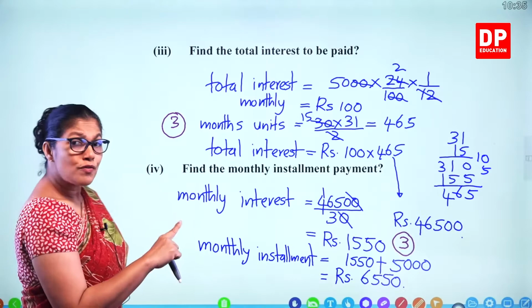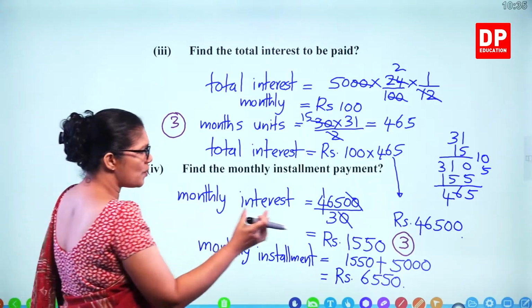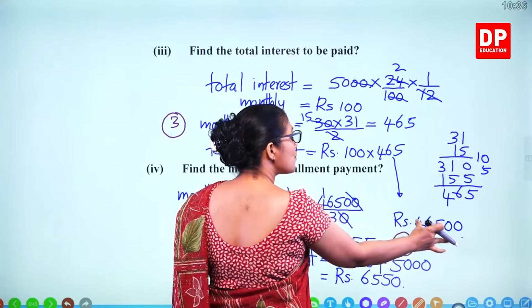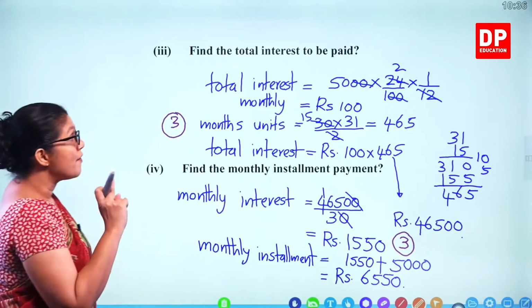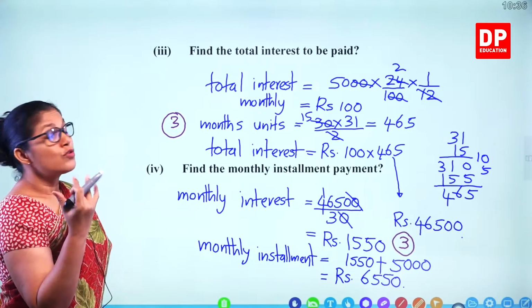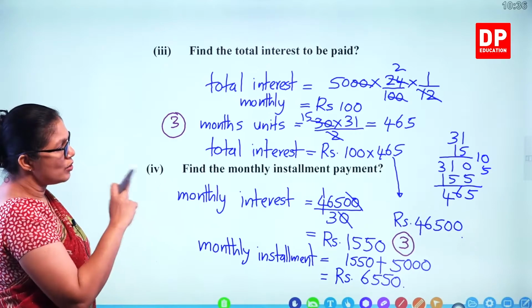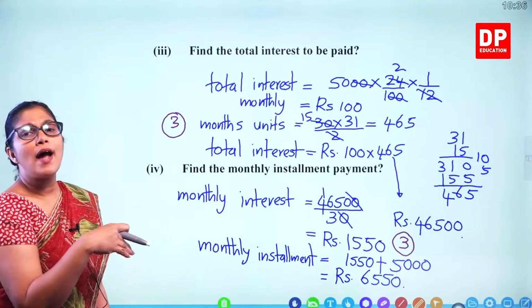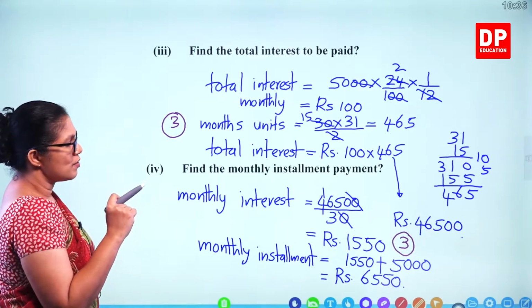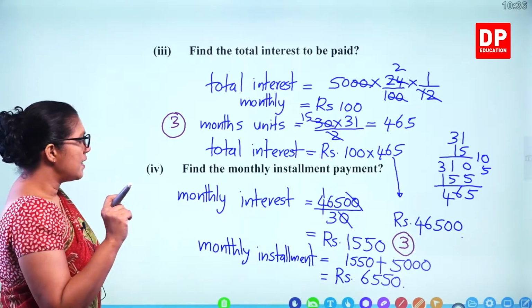Without finding interest, you can do it this way as well. 46,500 total and 150,000 is the total payment. Add those two and then divide by 30 to find the monthly installment.